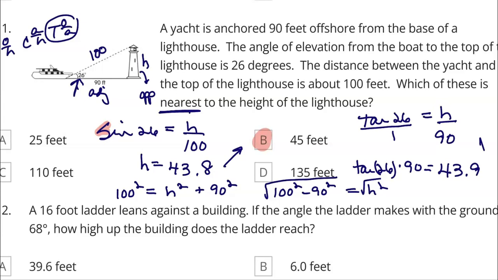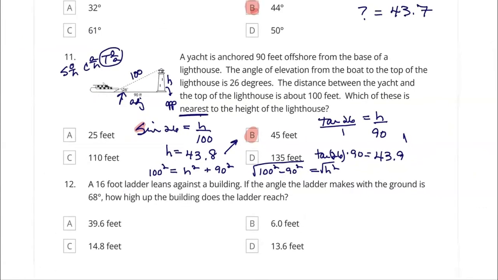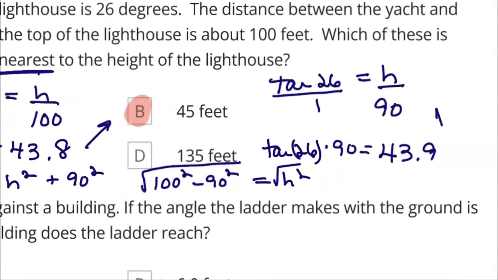Second square root of 100 squared minus 90 squared, and what do I get? I get 43.58, which is 43.6. So here, h equals 43.6, which is closest to 45.